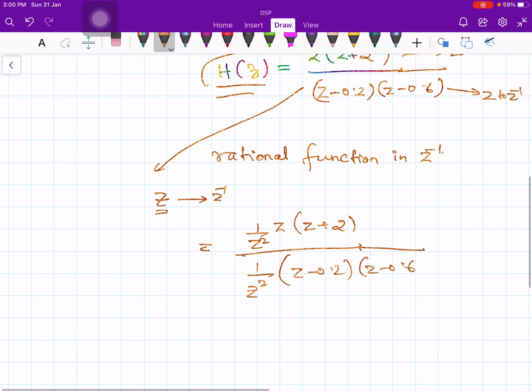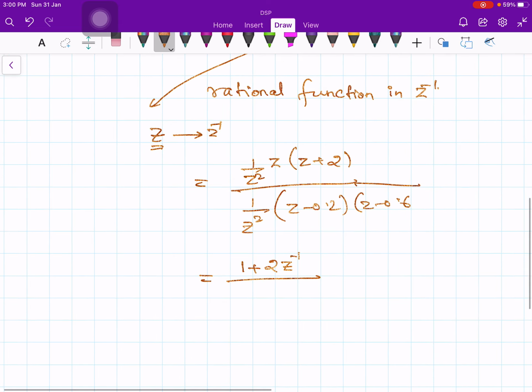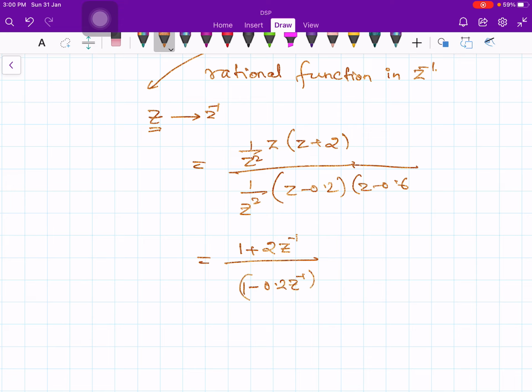If you rearrange this equation, then it becomes 1 plus 2 z inverse in the numerator, and in the denominator 1 minus 0.2 z inverse multiplied by 1 minus 0.6 z inverse.